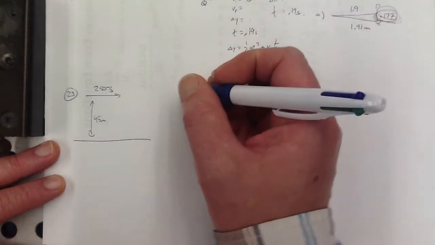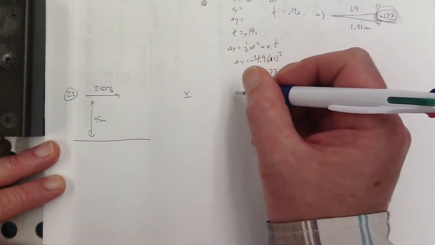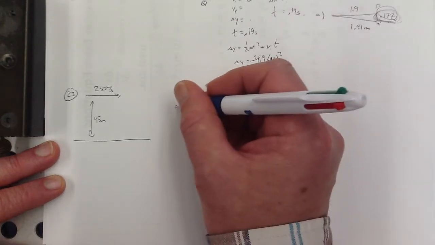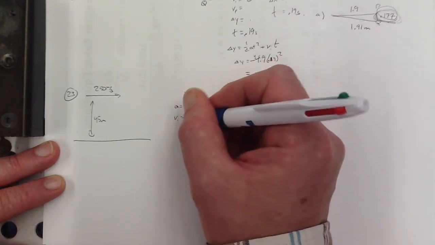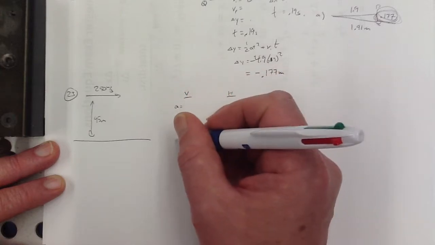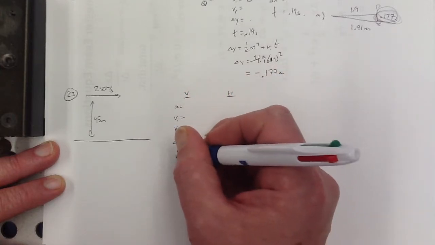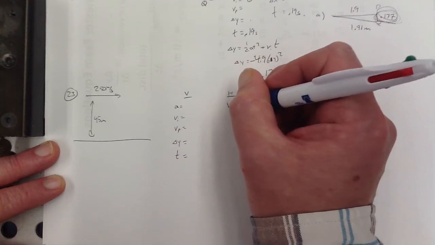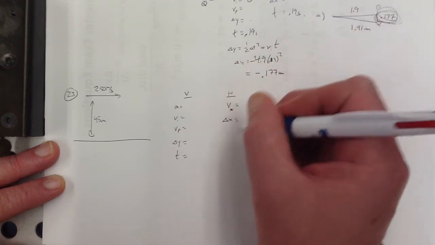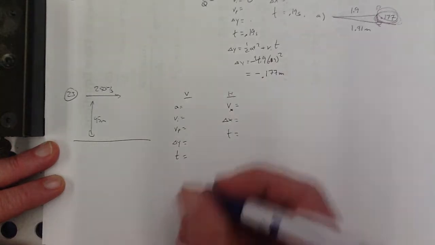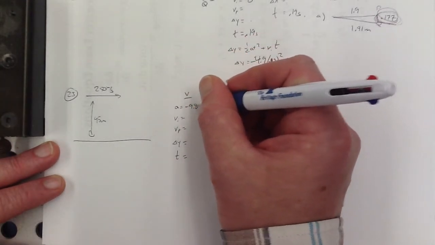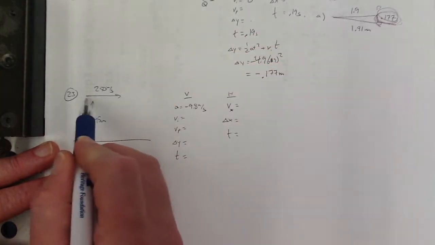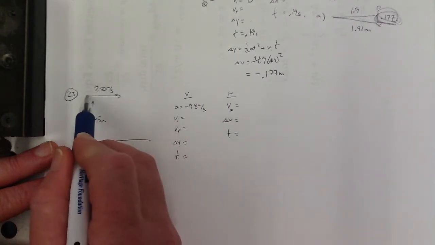Okay, so let's set up our two columns. And see what we know. Okay, now this I don't have to break up into sine and cosine because it's all horizontal.